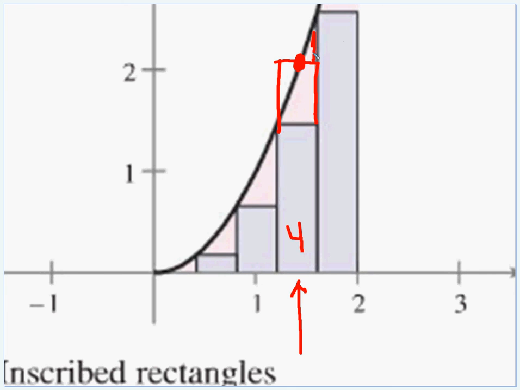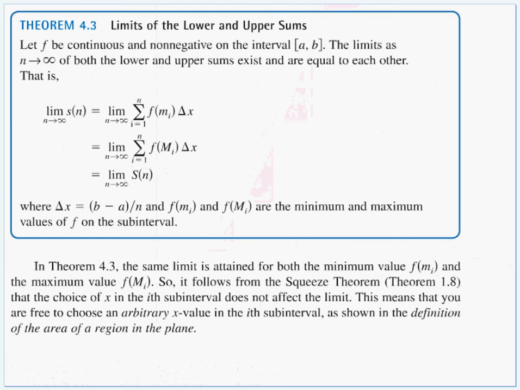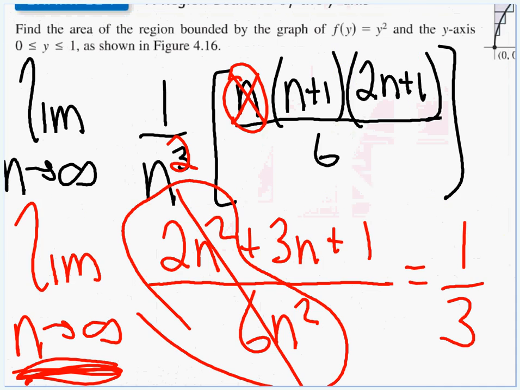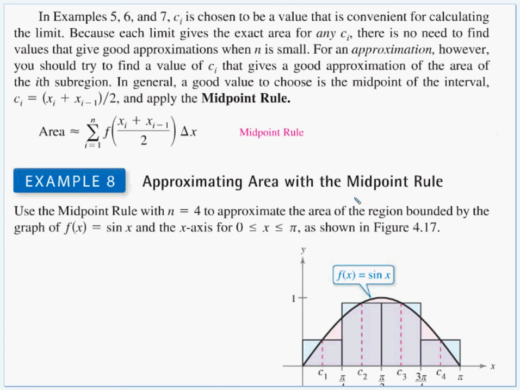Notice here now, we've got a little, I'll use red here for area that we should have counted but didn't, and I'll use blue for area that we did count but shouldn't have. So if we use a midpoint, we get a little positive and a little negative area on any rectangle. And they're kind of going to cancel each other out a little bit. So instead of left-hand sums or right-hand sums, we could use midpoints.